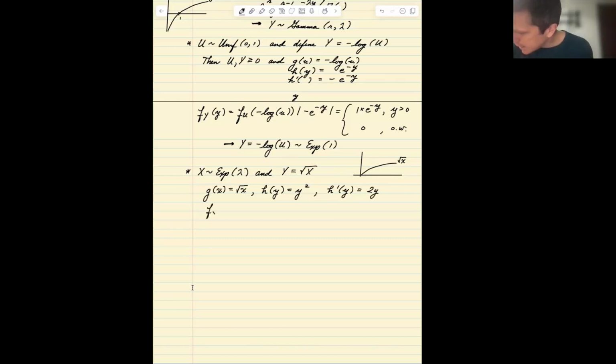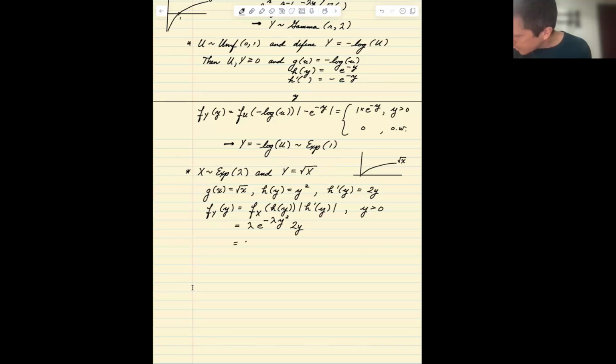And the density of Y is f_X of h(y), times the absolute value of h prime of y. This is for y bigger than 0. Well, f_X is lambda e to the minus lambda, times h(y), which is y squared, times the derivative, which is 2y.